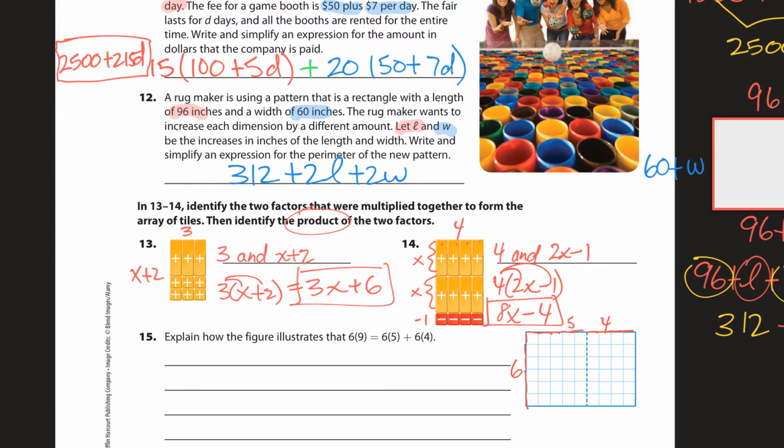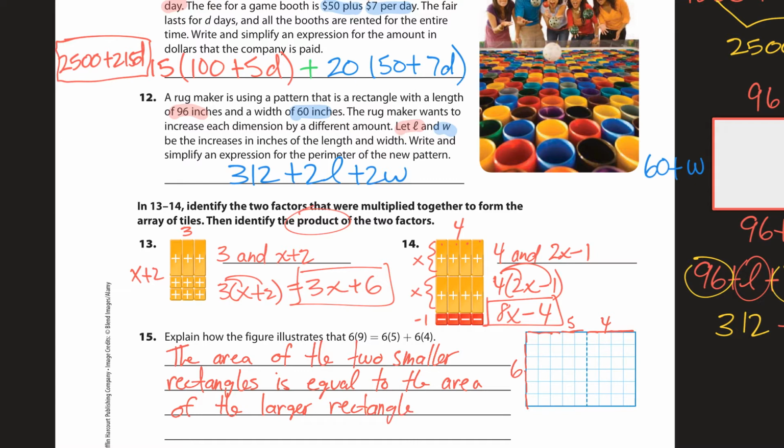Well, what I could say is the area of the two smaller rectangles is equal to the area of the larger rectangle.